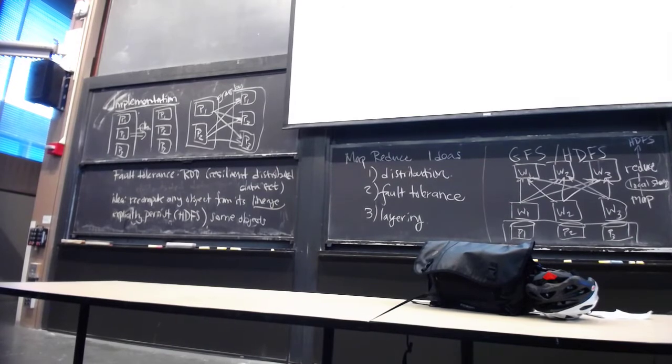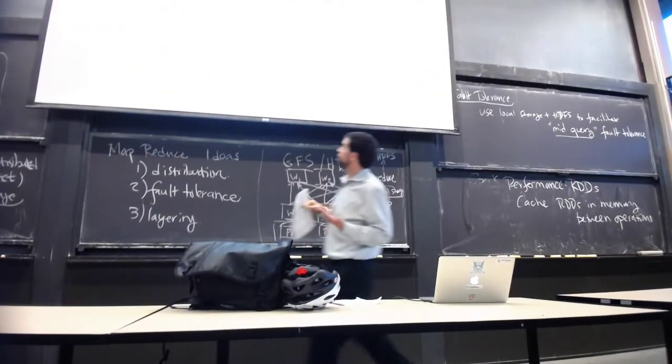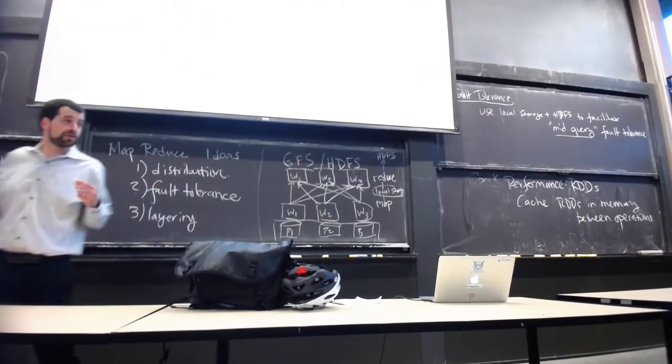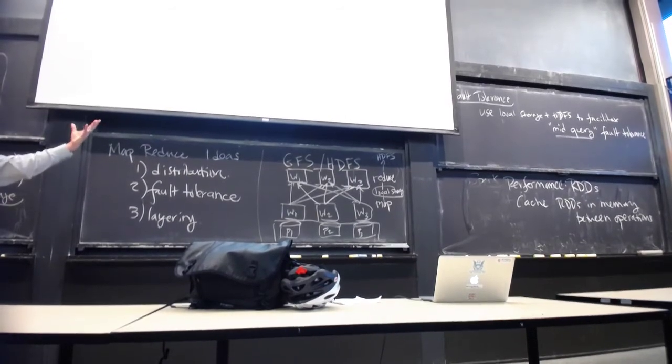So performance is also these RDDs, and the reason is that we're going to cache RDDs in memory between steps. So these RDDs are serving a dual purpose. They're both allowing us to recover in the event of a failure because we keep this lineage information around. Where did this data set come from?